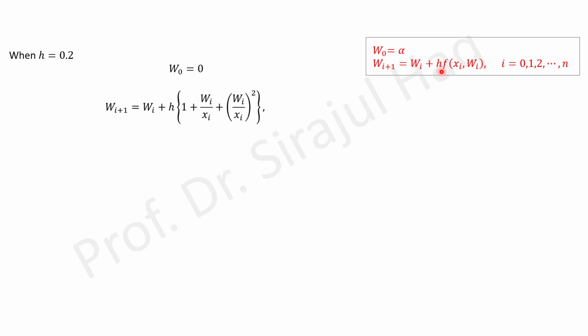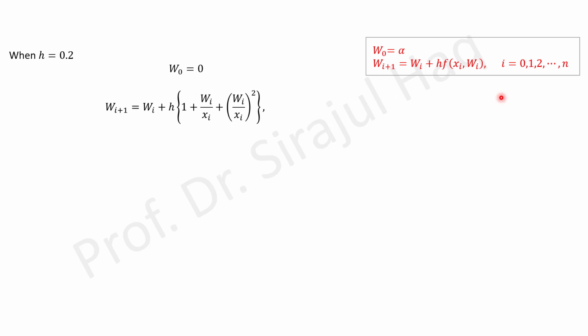Now in this case they will increase. I just use the general equation. W0 is the condition coming from there. When you are using h is equal to 0.2, your points are 1, 1.2, 1.4, 1.6, 1.8, 2, 2.2, 2.4, 2.6, 2.8 and 3. So you can count now how many points you have.